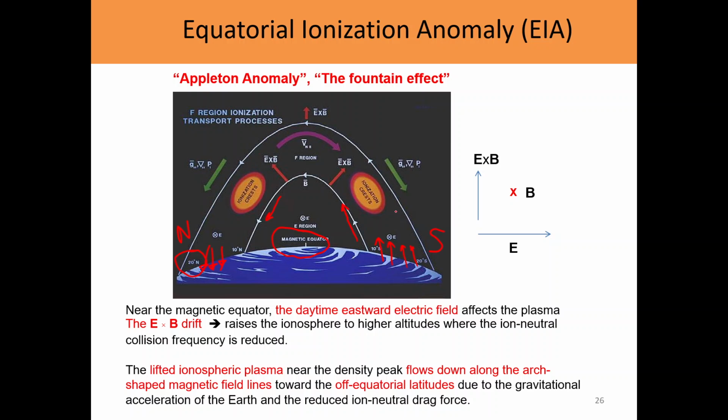And another thing that should be observed in this picture is that when this type of magnetic field line moves from south to north, okay, it may start at a certain low altitude, but then it will move up to high altitude.